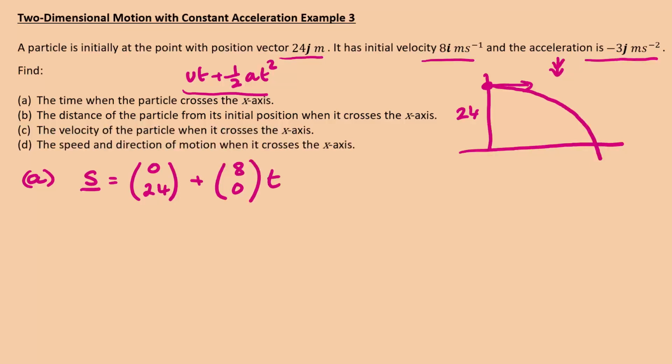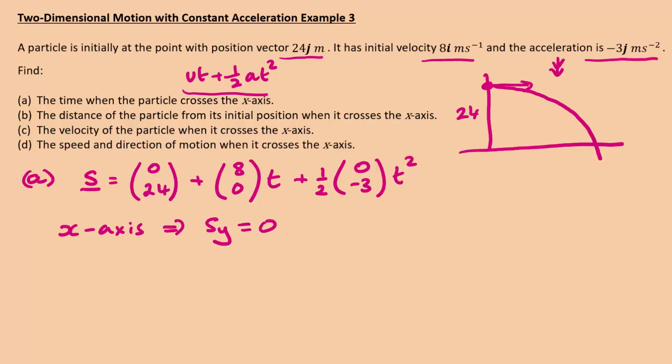And then the half a is going to be a half of 0, negative 3. And then that will be t squared. And the x-axis means that the y component or j component of displacement is 0.